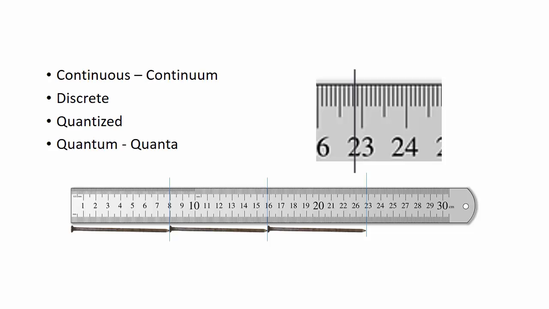So the value or the length there is a continuous quantity, but the length that you read out from arranging a certain number of nails is discrete. It's at only one particular value. And the number of nails can be 1, 2, 3 or more. So that's a quantized number of nails.